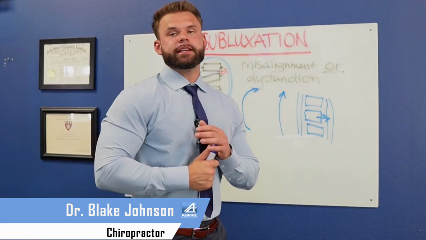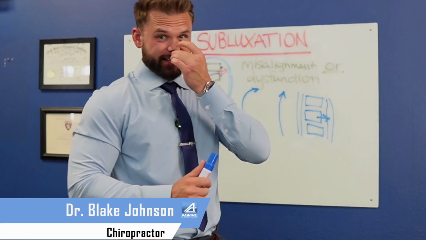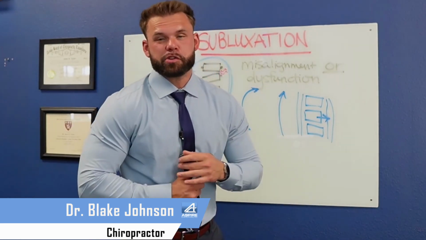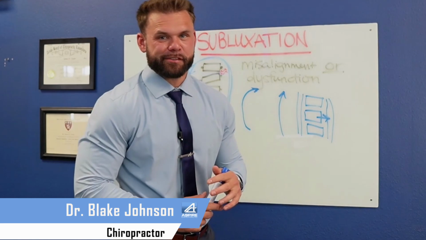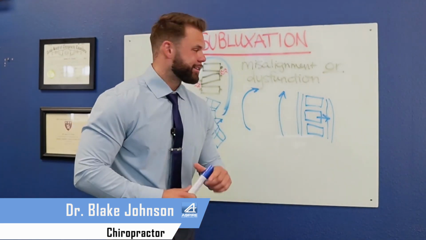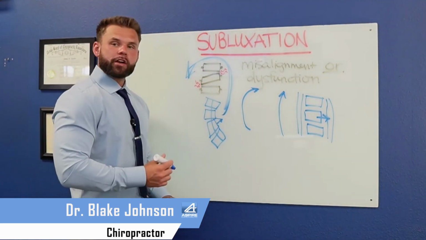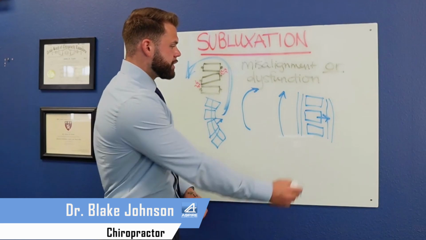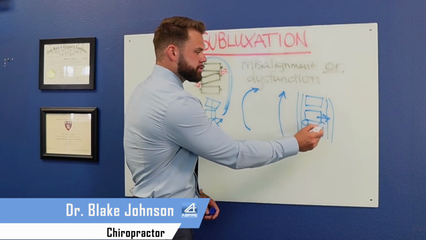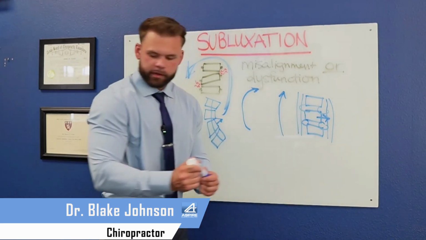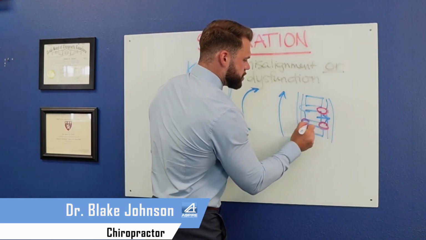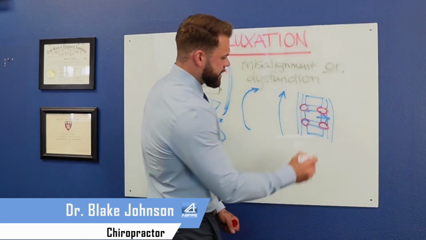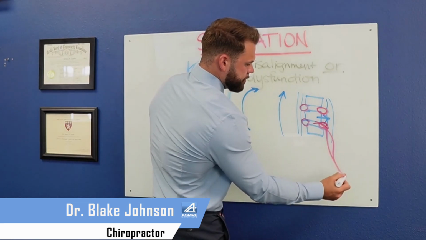All right, tingling and numbness in the arms and legs. This is another form of what you could call sciatica. This is something you can relate sciatica to. I feel like it relates to everything that we talk about. So nerves come out of the holes of these vertebrae. Let's say these are the holes right here. Let me give you a different color so you can see. Let's say these are the holes. Nerves come out of these. Boom, boom.